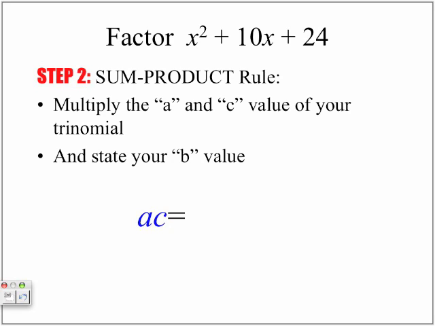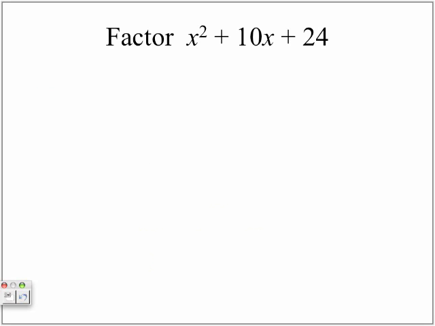We multiply 1 by 24 to give us 24. That was what we saw in one of the earlier slides, where we said we find the product of 24. Now we state our b value, which is positive 10. We want to keep the sign because it's going to be very important when we find the sum of the two numbers. So we have the number 24 and the number 10.